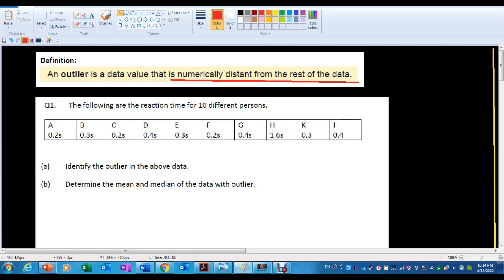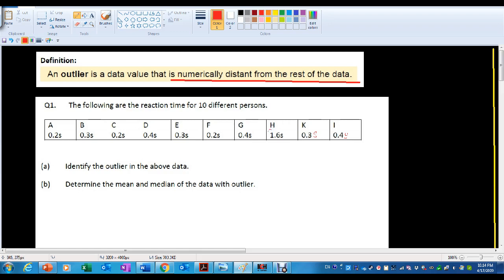You see for A to J: 0.2, 0.3, 0.2, 0.4, 0.3, 0.2, 0.4, 0.4, and 1.6. Oh, that's quite large. Sorry, I just need to add the seconds for the last two data. First, let's see which is the outlier.